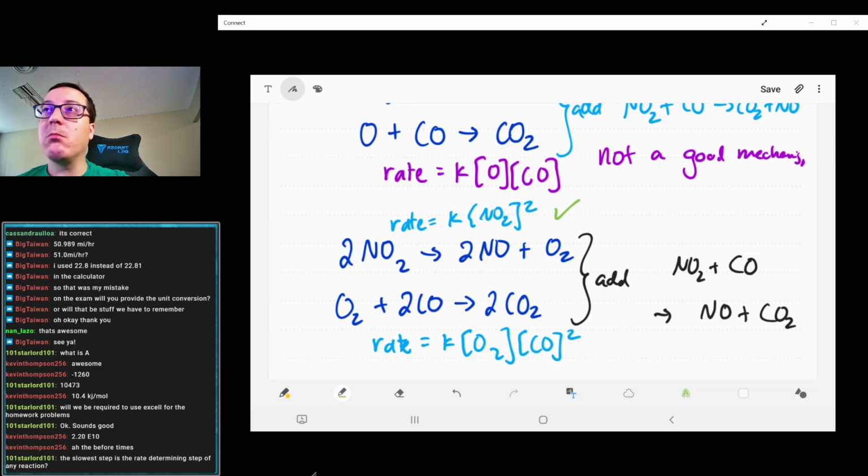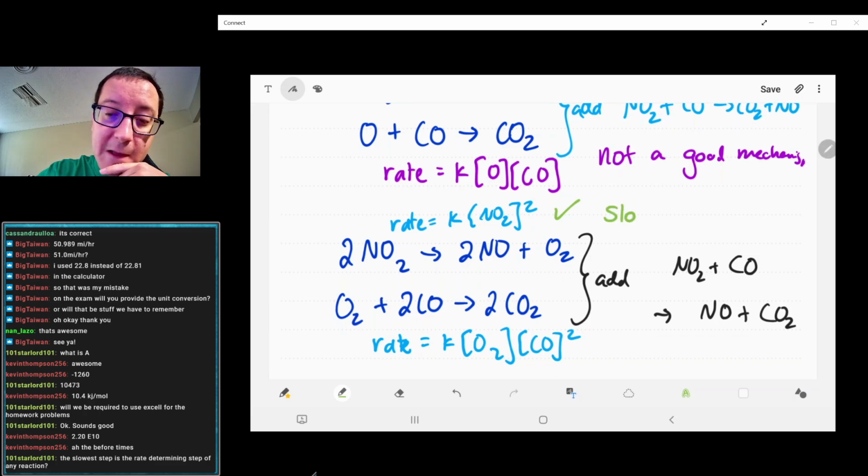And so it would seem that this mechanism that is proposed, so someone said, hey, I was thinking about it, maybe this is what's happening in here. This particular mechanism that we've written out here does have a step that corresponds with our experimental rate law. And so we just discussed that the slow step is what determines our rate here. And so if that's our rate law, then this could be what's happening. And it turns out that this would be the slow step in that case.